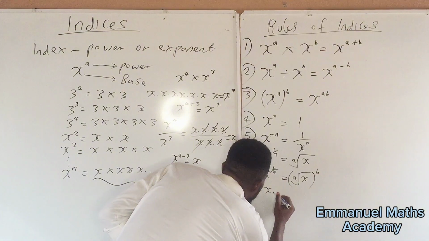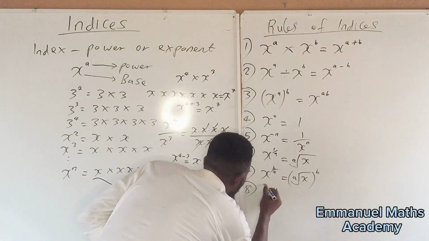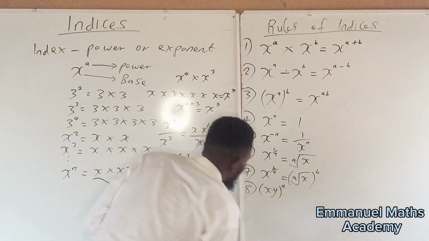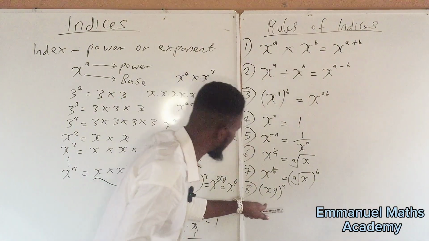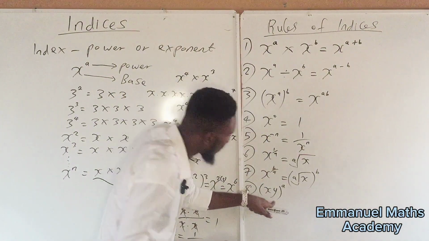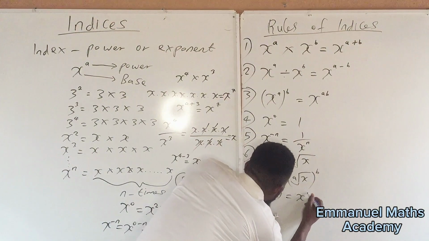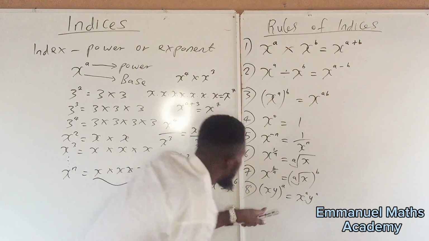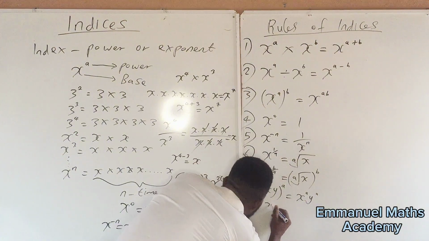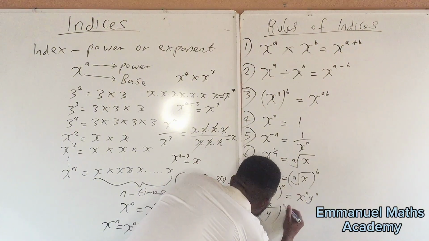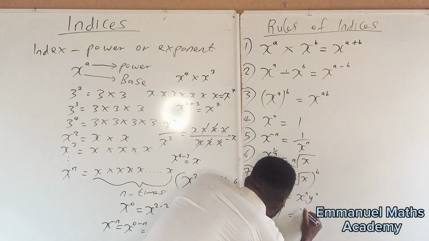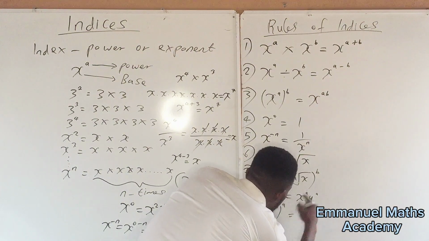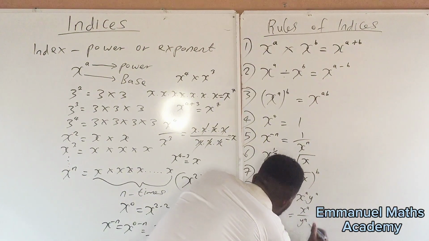Now the eighth rule says that if you have x and y raised to power a, this is distributive on x and y, which is equal to x raised to power a and y raised to power a. And it's also distributive in division. If you have x over y power a, you have x power a over y power a.